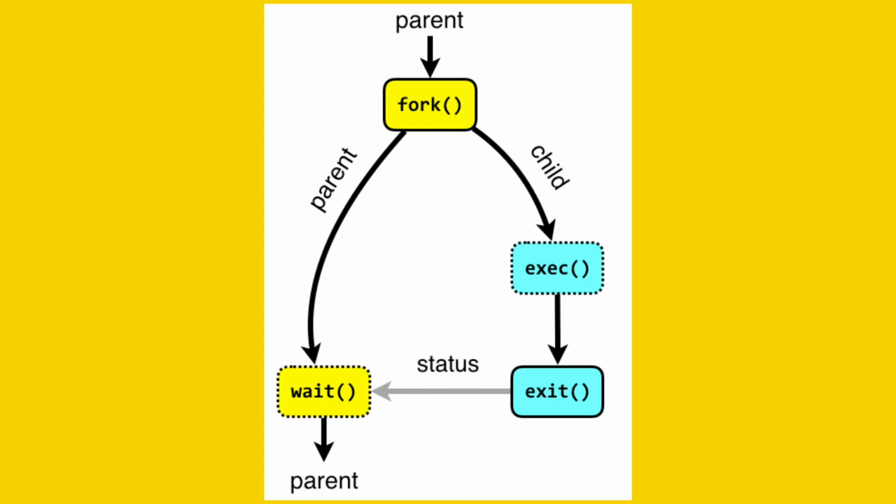This zombie state occurs because of child processes, where the entry is still needed to allow the parent process to read the child's exit status. Once the exit status is read via the wait system call, the zombie entry is removed from the process table and the zombie is said to be reaped.